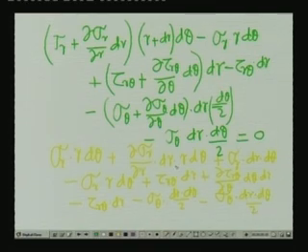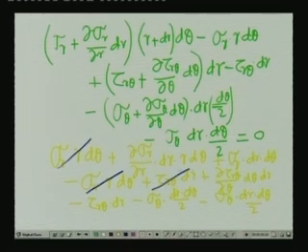Now, from these, if we look into them, we find that sigma r r d theta and sigma r r d theta minus, these two terms cancel out. Tau r theta dr plus and tau r theta minus dr also cancel out.